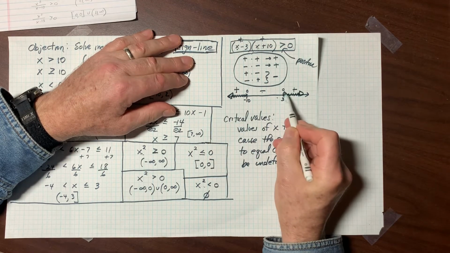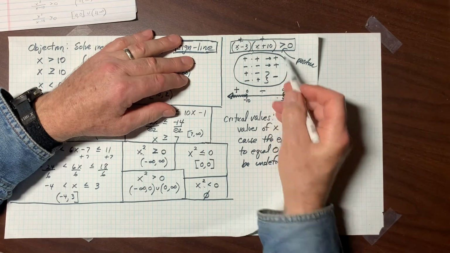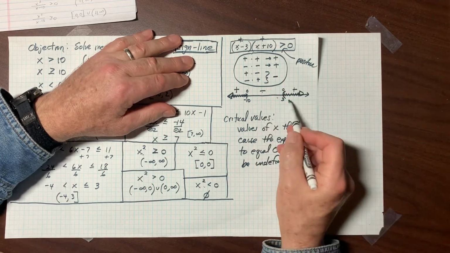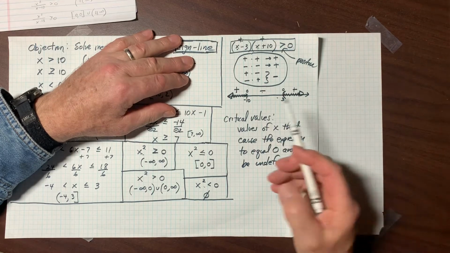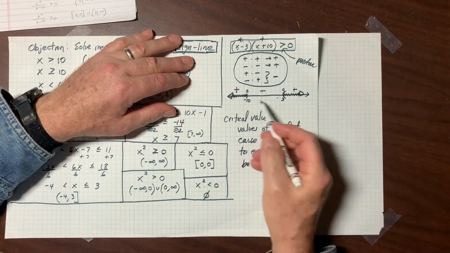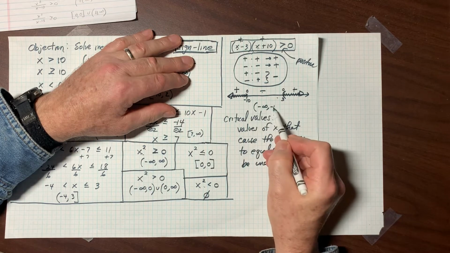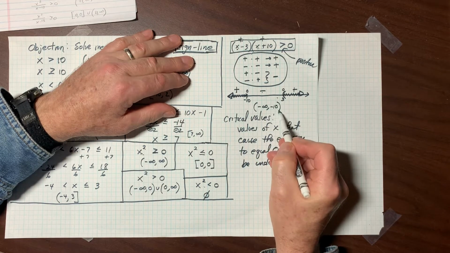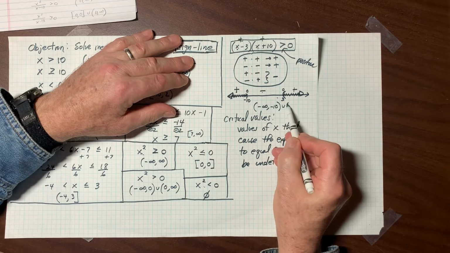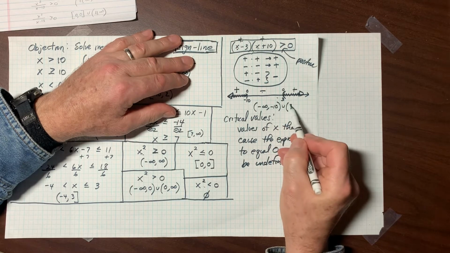And you'll notice I put a parenthesis there because it's just greater than. So when I write this in interval notation, it pretty much directly transfers from my sign line. I'm going to have negative infinity to negative 10, parenthesis, union, parenthesis, 3 to infinity.